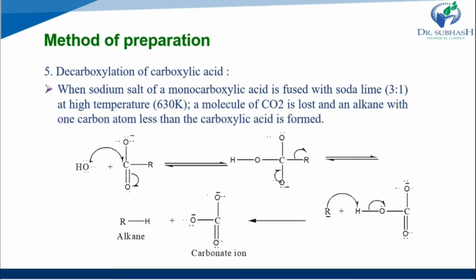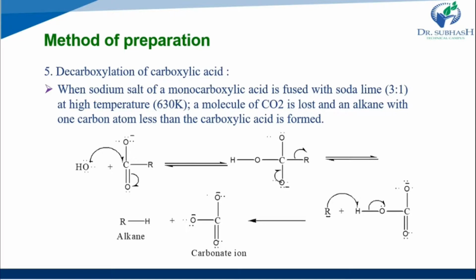The fifth reaction is decarboxylation of carboxylic acids. When the sodium salt of a monocarboxylic acid is fused with soda lime in the ratio 3:1 at a high temperature, a molecule of CO2 is lost and an alkane with one carbon atom less than the carboxylic acid is formed.